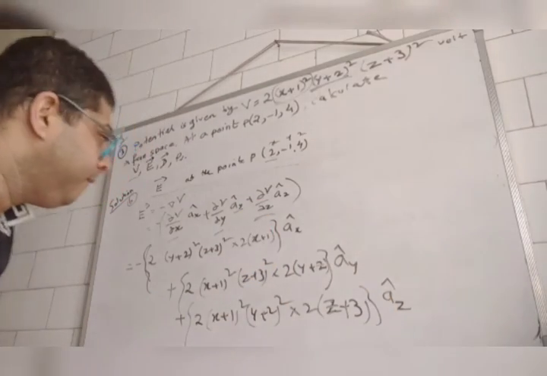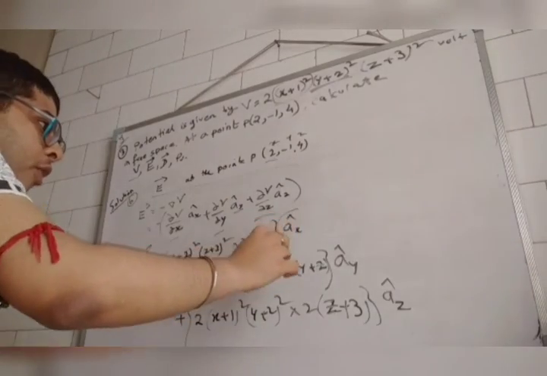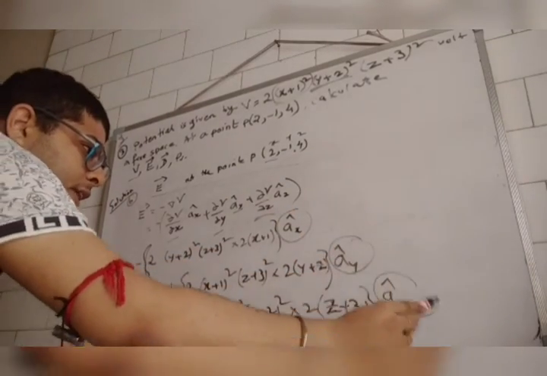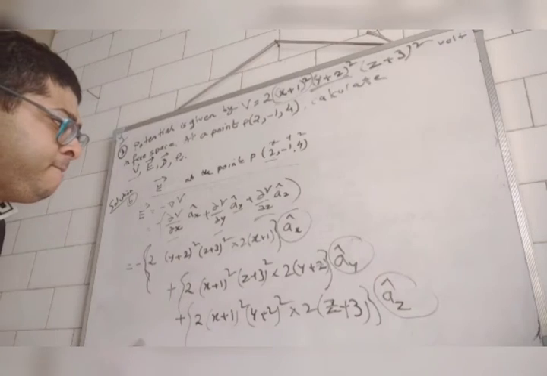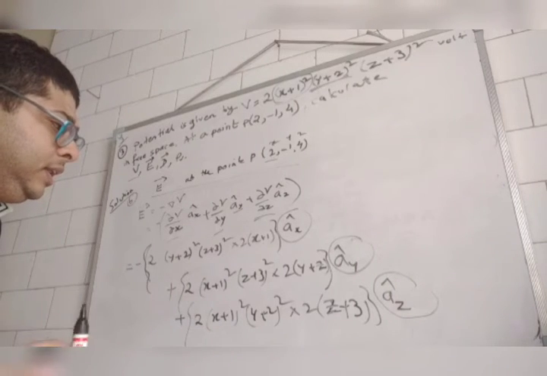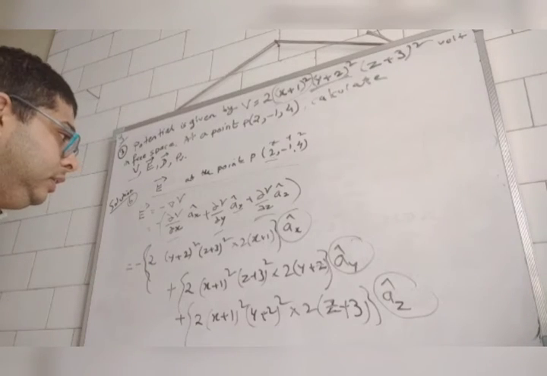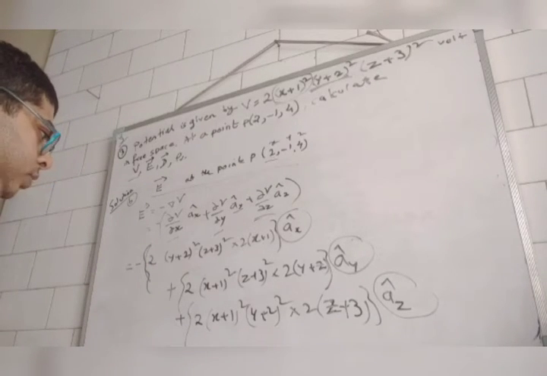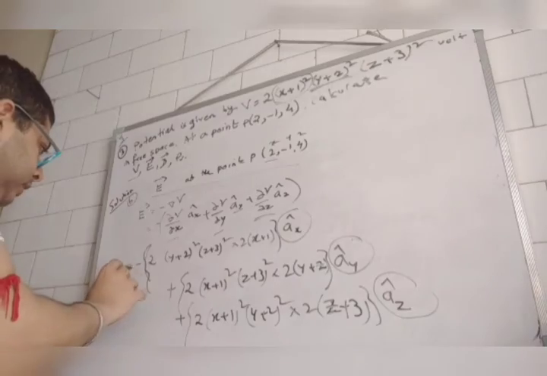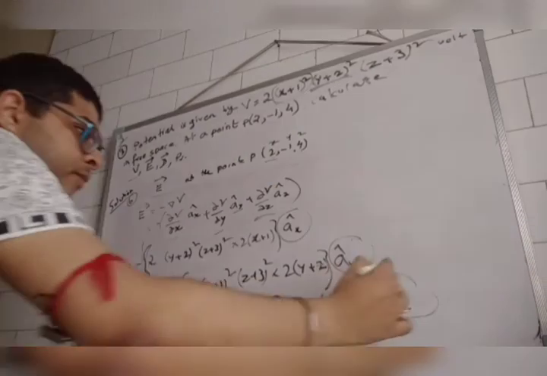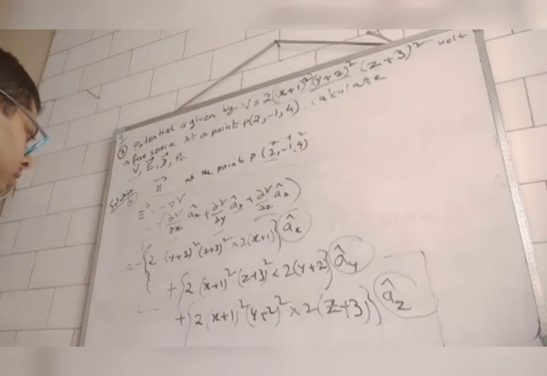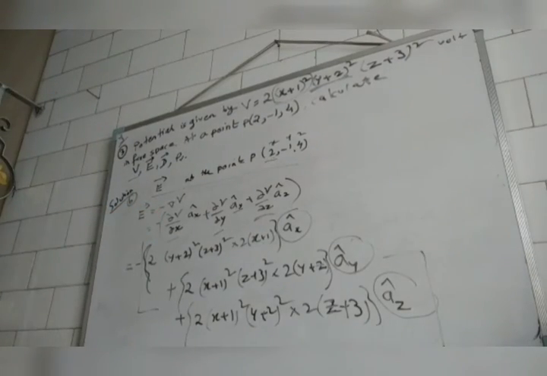So some of you have omitted these unit vectors, that is why the marks have been deducted there. So remember one thing, electric field is a vector quantity. Okay, so this much what we have, and of course this minus will be there, because we have E equals minus del V. So this is what we got.